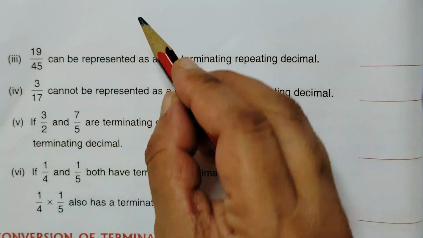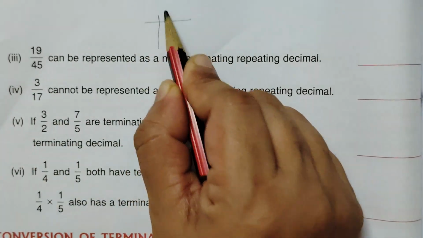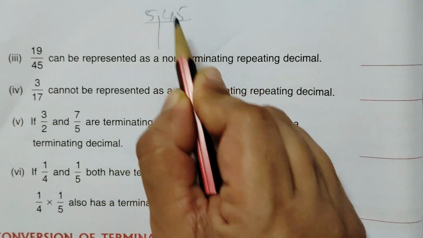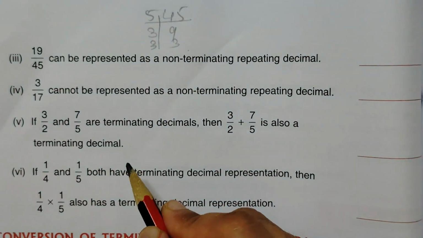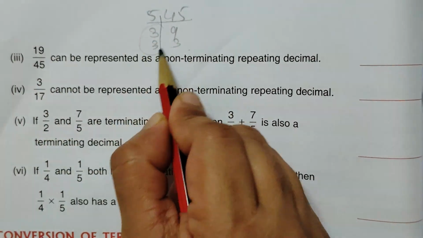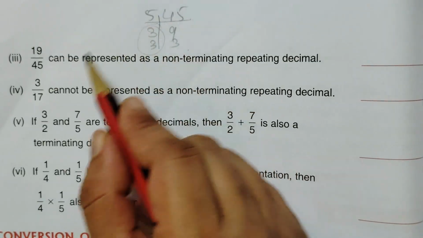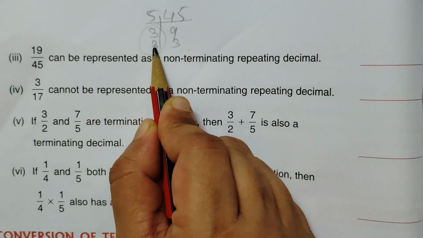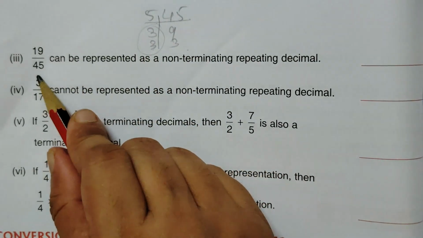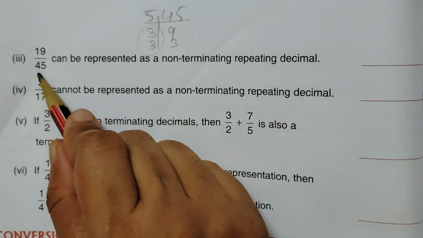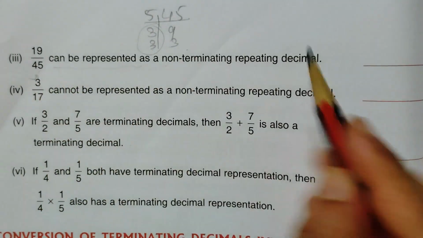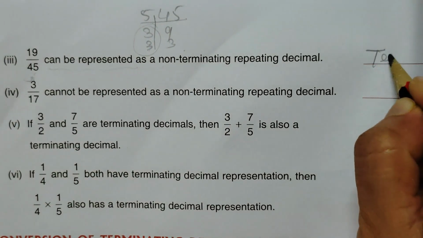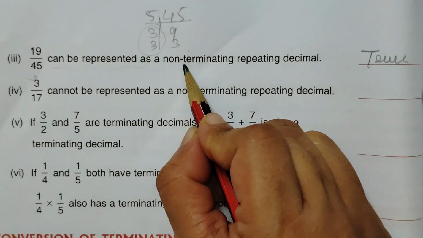Again the denominator is 45; 5 nines are 45, 3 threes are 9, so 3, 3 and 5 are the factors of it. Here there is 3, other than 2 and 5, so this is a non-terminating repeating decimal. They have written that it can be represented as non-terminating, so yes, this is true.